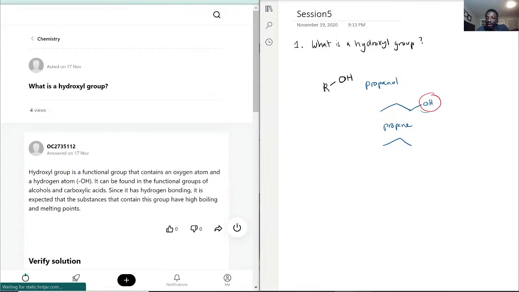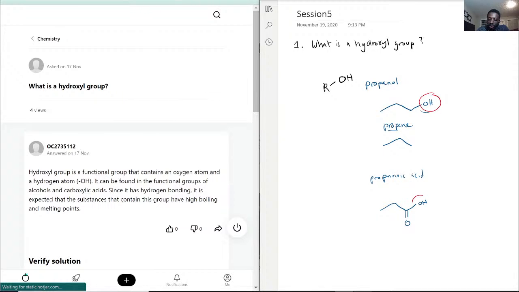Another example of a hydroxyl group would be, let's use 3 carbons, propanoic acid. Okay, so same thing here, and then the branch out to the OH, but the C here will have that.